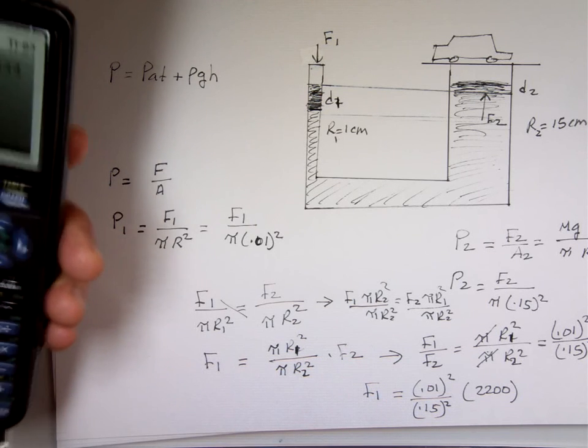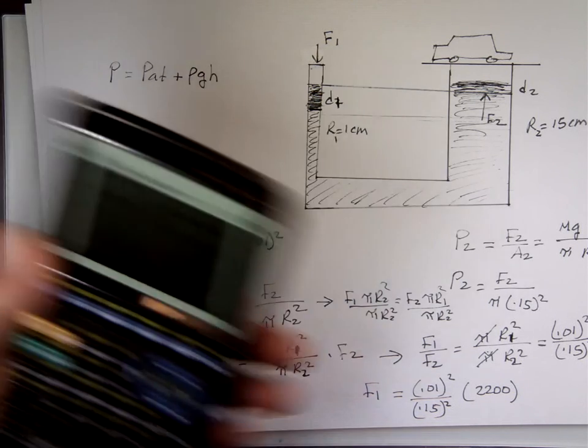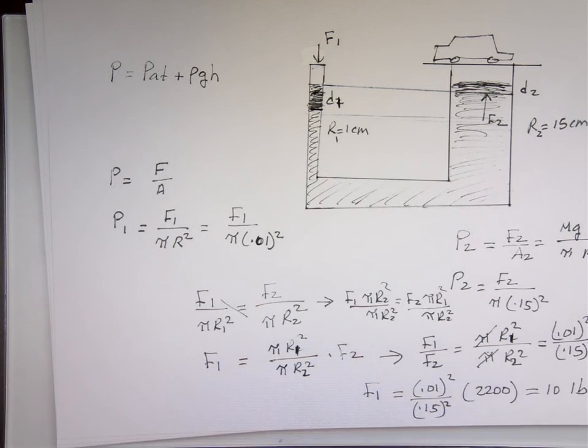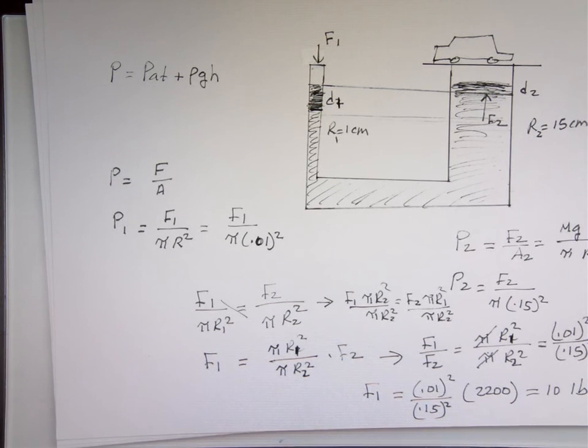You only need less than 10 pounds of force to lift that car. So you can take your hand, push down on that cylinder, and lift that car up. 10 pounds.